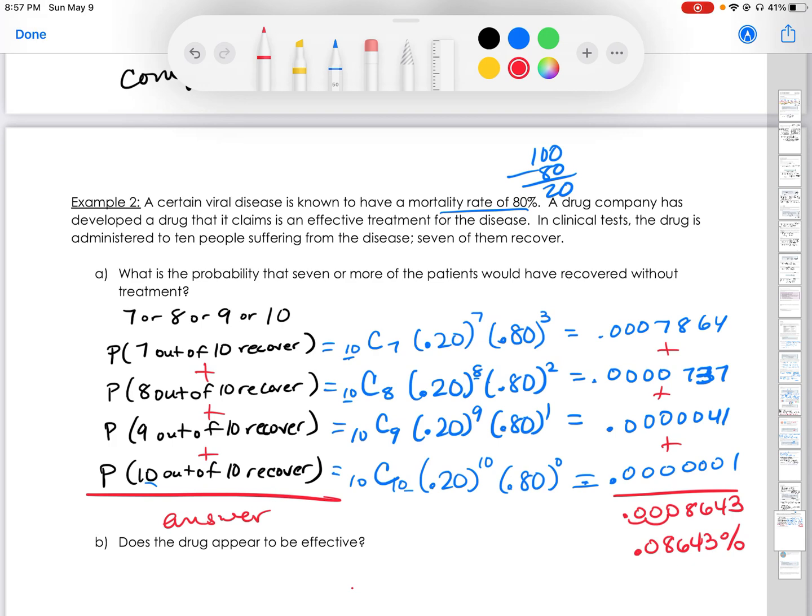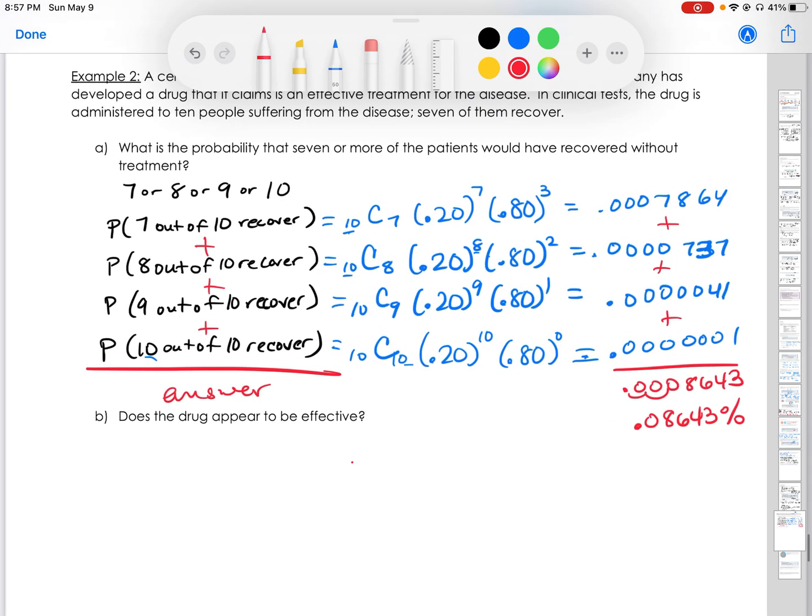So does this drug appear to be effective? The probability that 7 or more patients would have recovered is less than 0.001 that they would have recovered on their own. I mean, this is the recovery rate without treatment, right? Recovery without treatment. That's pretty terrible.